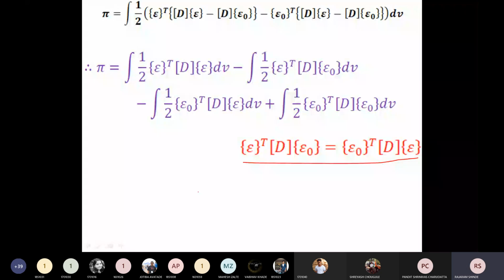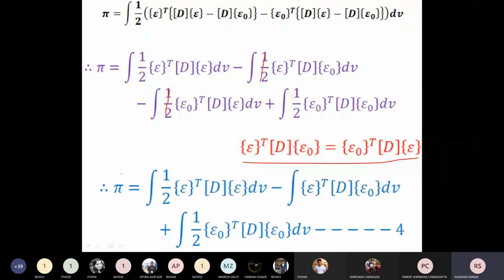When we add these two terms, this half and this half, it becomes 1, or epsilon transpose D epsilon 0, integrated over dV. So your potential energy becomes half of epsilon transpose D epsilon, sorry, not potential energy, it is the strain energy. Strain energy becomes half of epsilon transpose D epsilon dV. This is your first term.